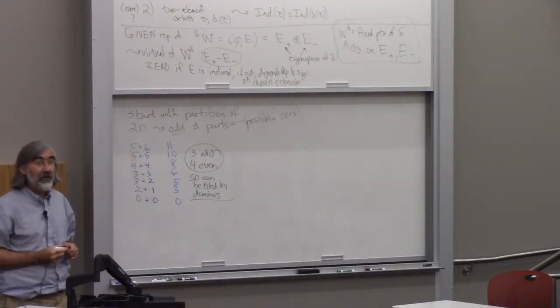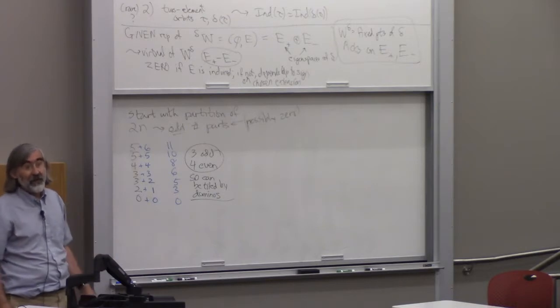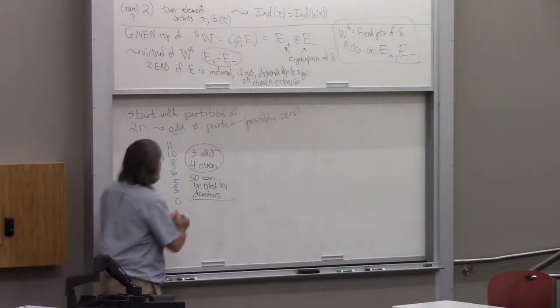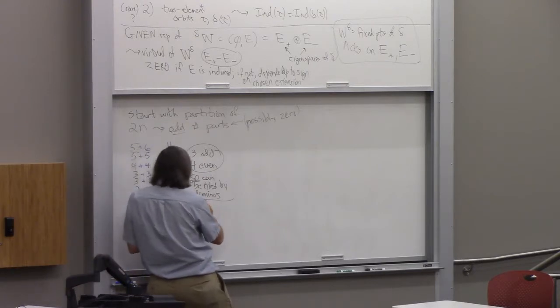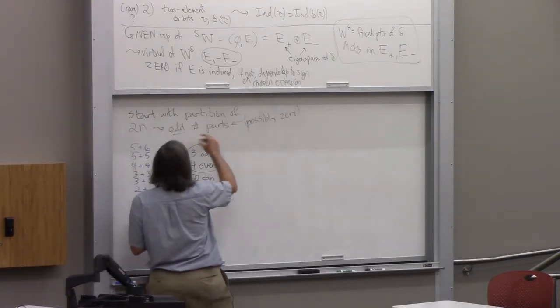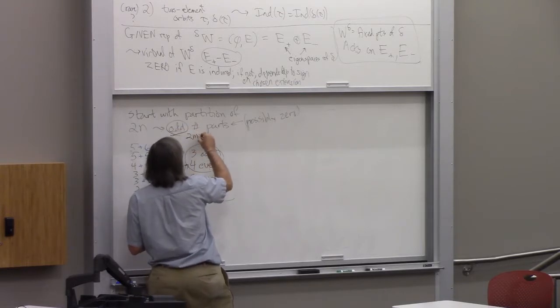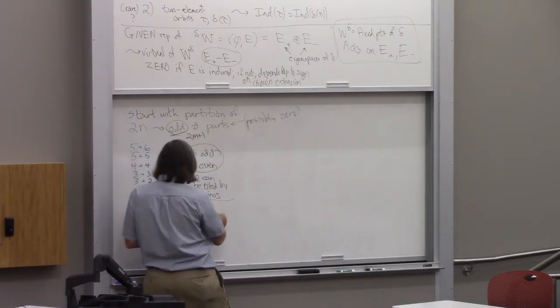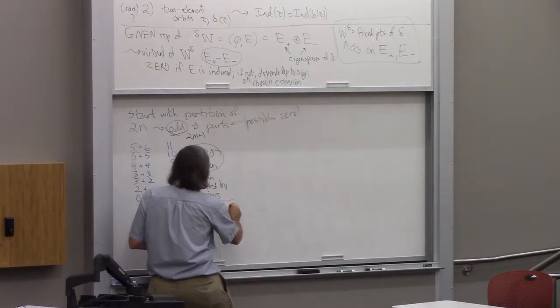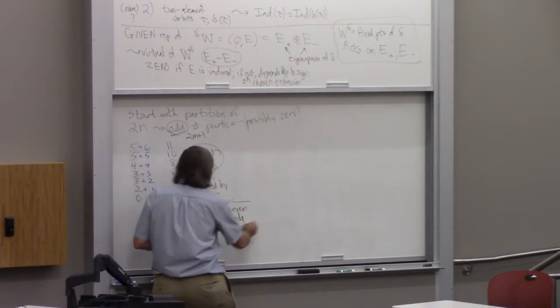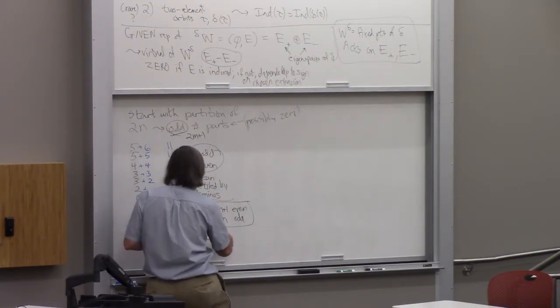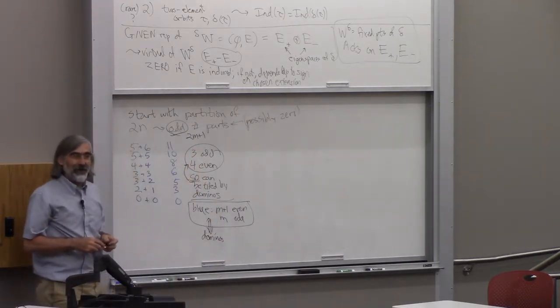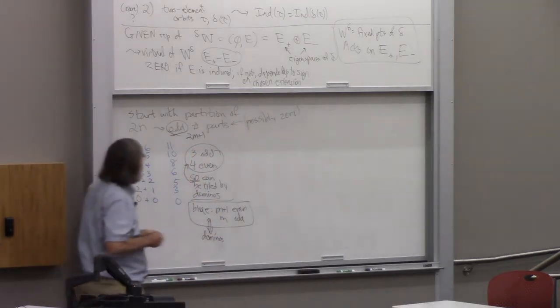The odd number is 2m plus 1, and the column has m plus 1 even numbers and m odd numbers. That's the condition. So 4 minus 3 is 1.